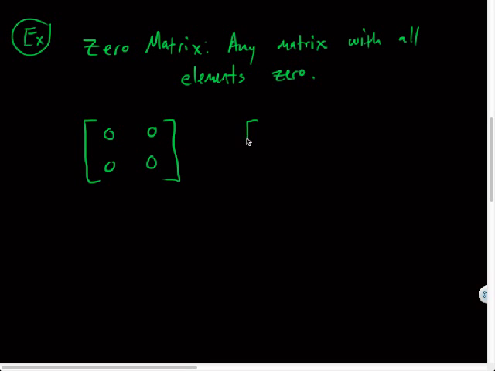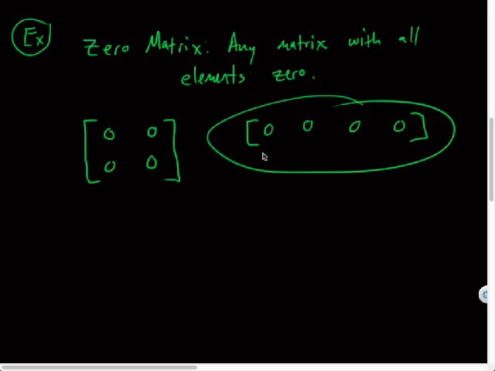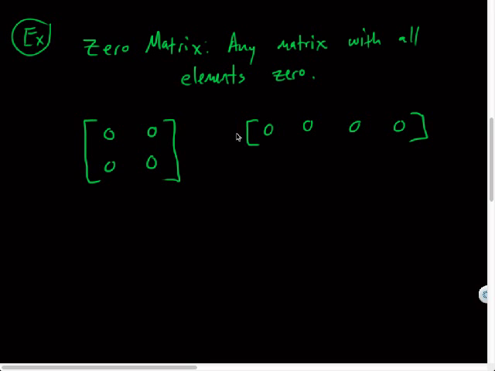I could have a row matrix. What's the size of this matrix actually? 1 row, 4 columns, right? So it's a 1 by 4 0 matrix. This is a 2 by 2 0 matrix, right? So yeah, you can have different things like that as well.